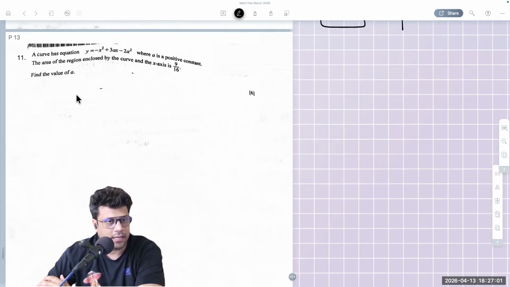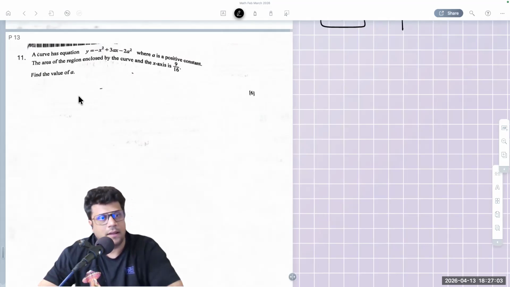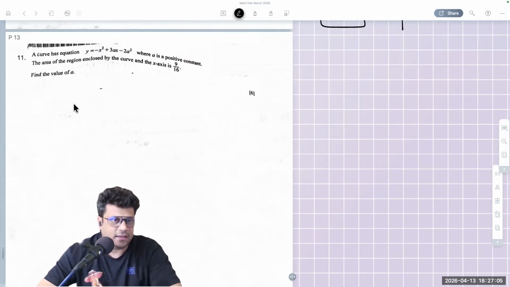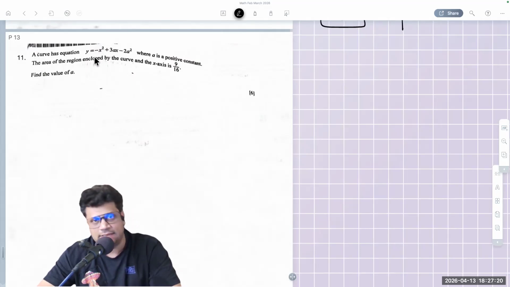Oh, nice. Okay. Well, this looks like a curve which is upside down, and I also see that the y-intercept of it is negative. You see, that negative x square means it's upside down.